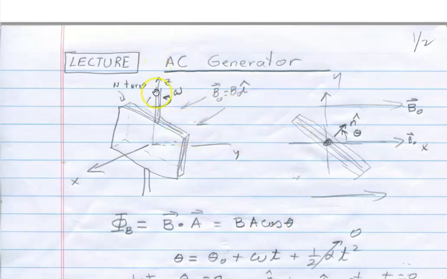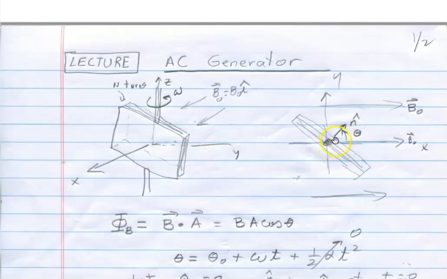If I look down from the top, I see the rotation axis coming right out at me. The coil is rotating in this sense, the way I've got it drawn over here. The area enclosed by this coil is planar, and so it has an area vector associated with it, which I specify the direction of with the normal.